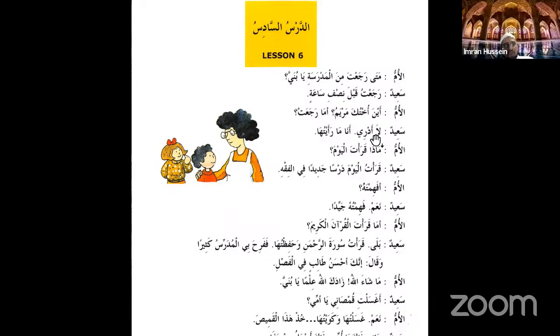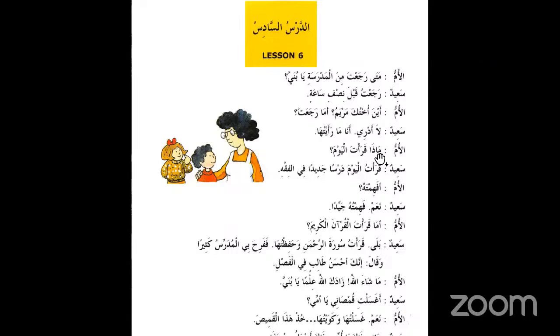Sa'id responds, La adri. Adri means I do not know. Ana ma ra'aytuha. I did not see her. The word ra'aytu means I saw, and with ma it means I did not see her.